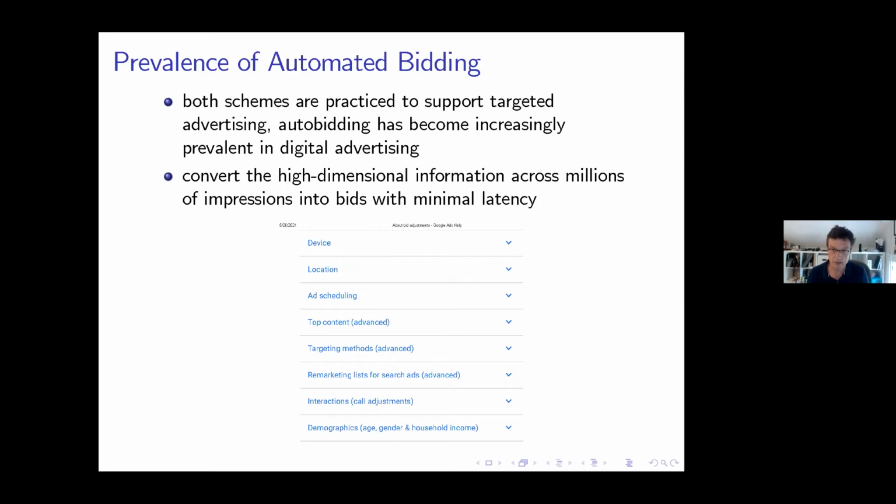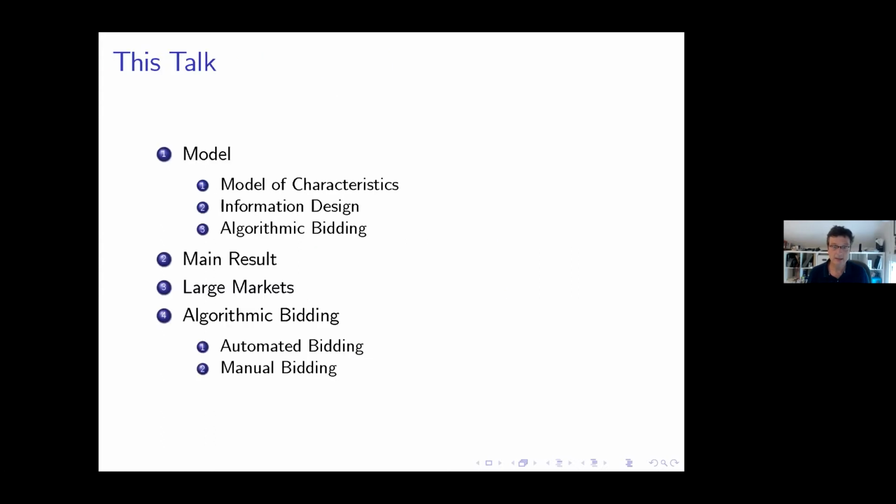Just to give you an idea that these are elements that are used. Increasingly, of course, we will see a move from manual bidding to automated bidding, because the problem is essentially how to condense this high-dimensional information into immediate, instantaneous bids on the websites with minimal latency, so that everything can be created instantaneously.